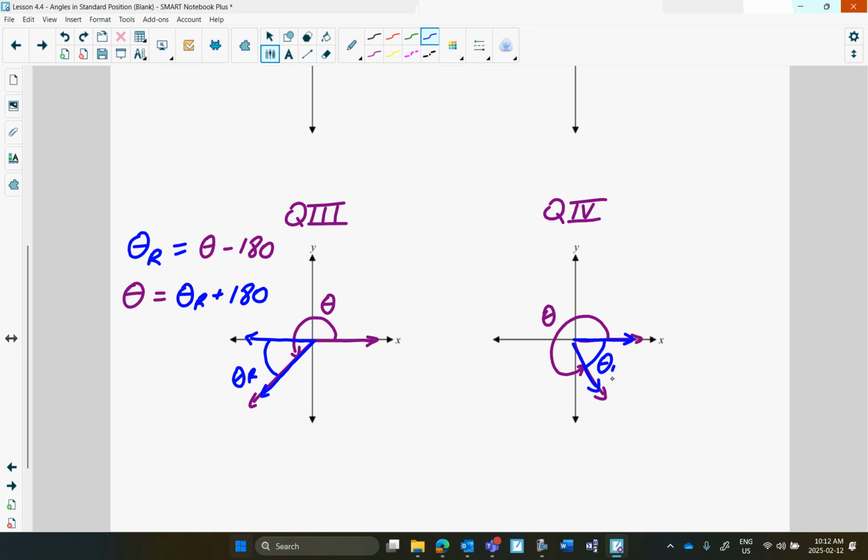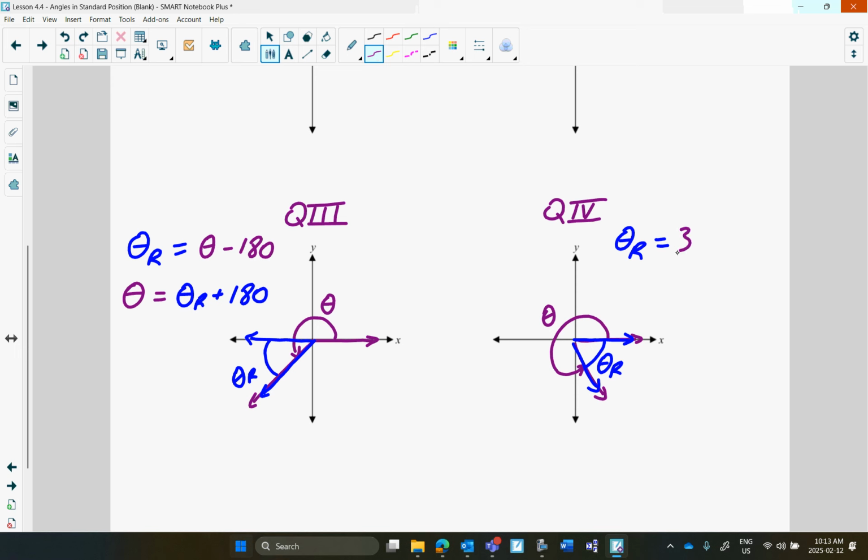Notice in this, like in quadrant 2, the two made 180 together, right? In quadrant 4, the two make 360 together. So if I want to find the reference angle, if I want to find what this is, I have to do 360 minus this portion.